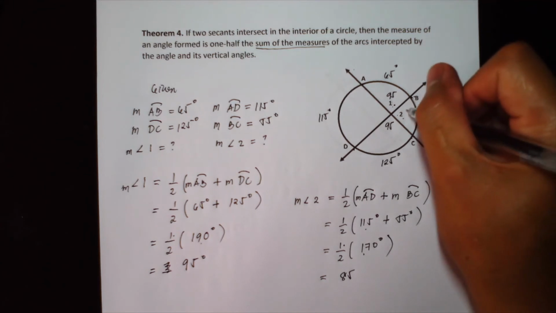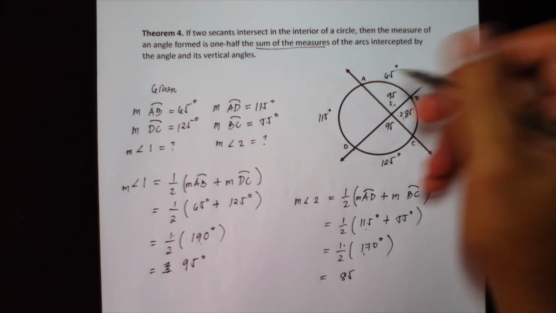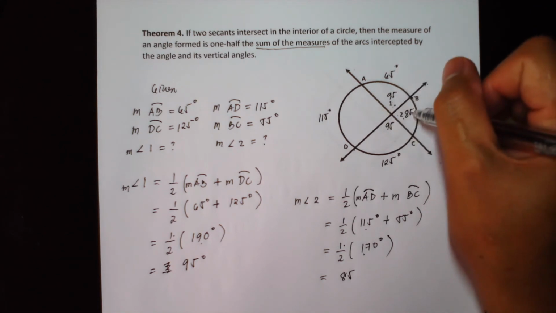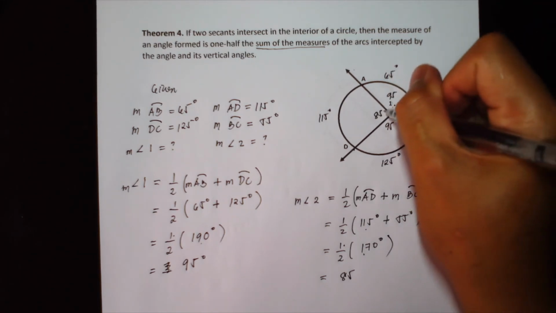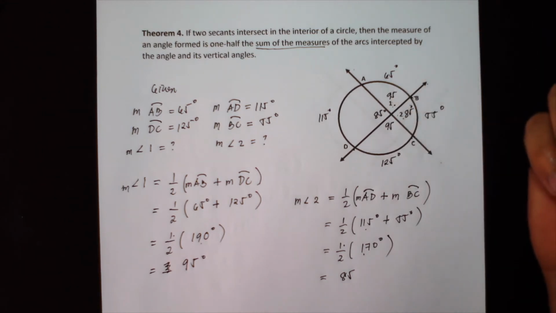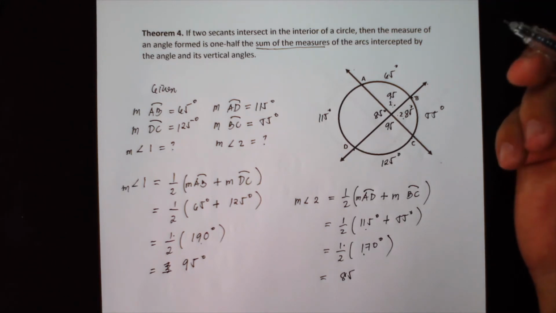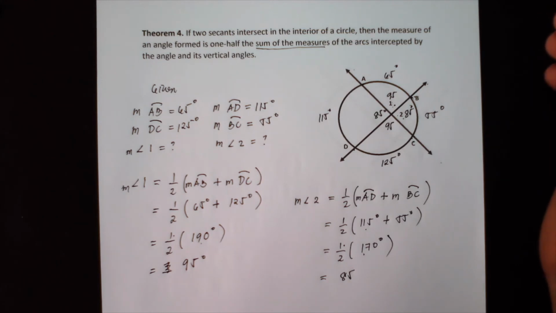Its vertical angle is also 85 degrees. If you total these, that will be 360 degrees. One revolution is 360 degrees.